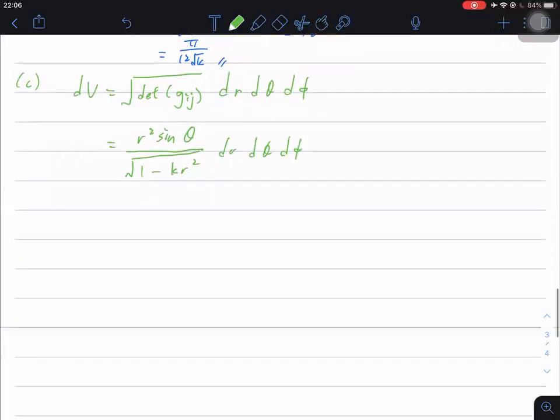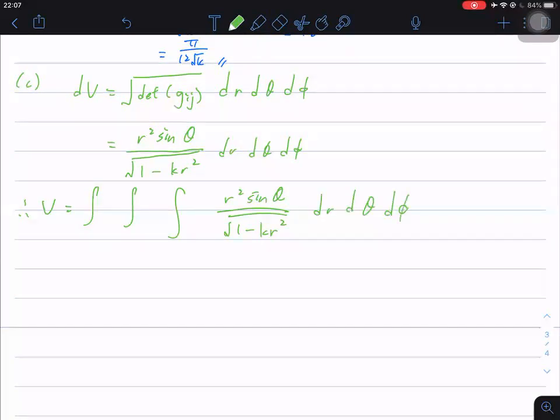So what you have to do is just perform this integration, r squared sine theta over the square root of 1 minus kr squared dr d theta d phi, with the boundary of r from 1 over 2 root k to 1 over root 2k, theta from 0 to pi, and phi from 0 to 2 pi.